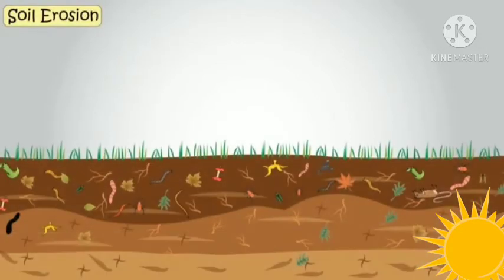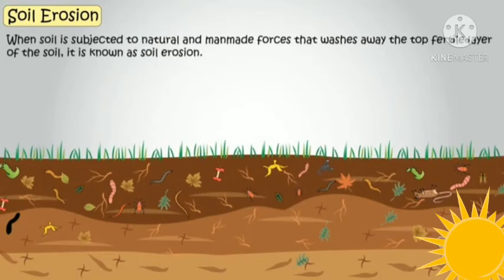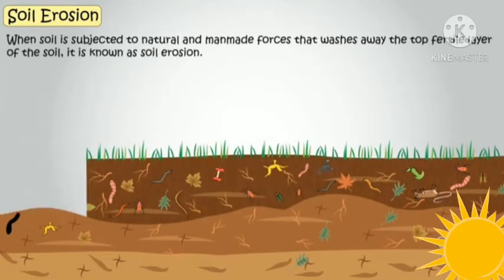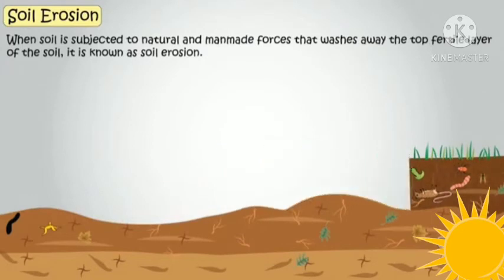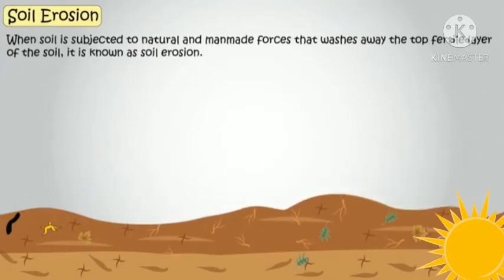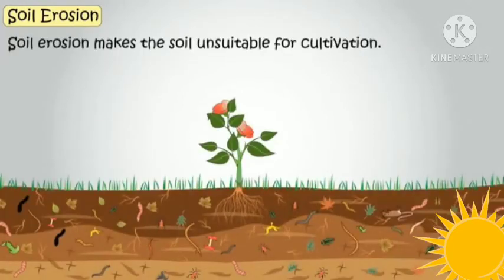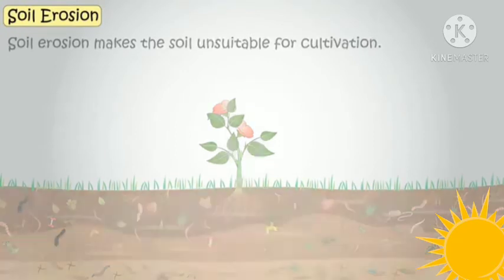Soil erosion. Soil is subjected to natural and man-made forces that wash away the top layer of the soil. It is known as soil erosion. Soil erosion makes the soil unsuitable for cultivation.